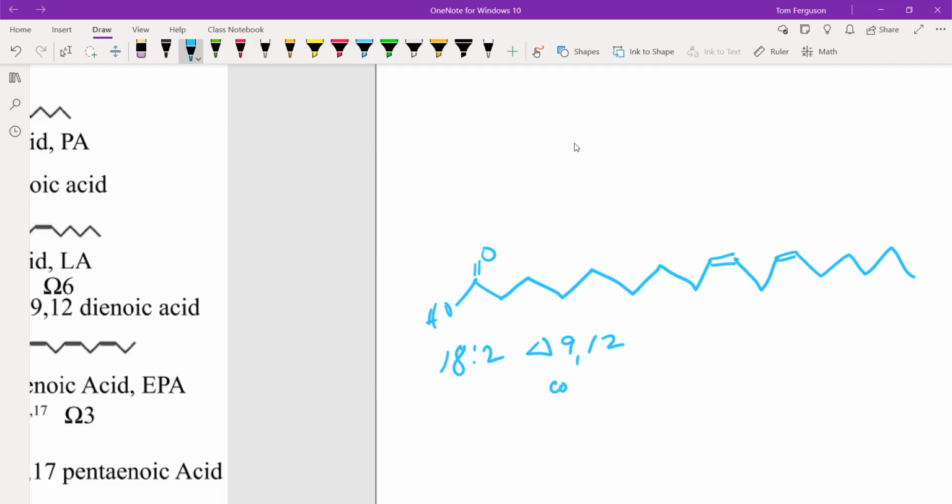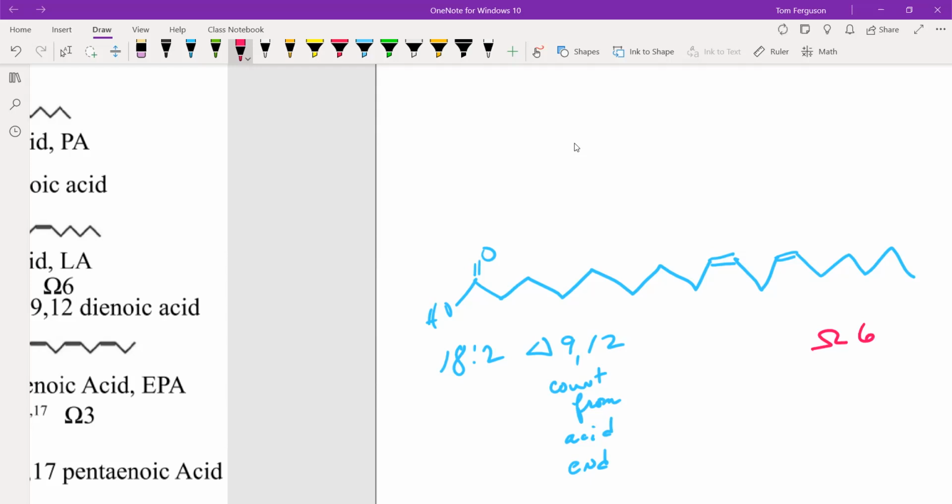These count from the acid end. This is also an omega-6 fatty acid.